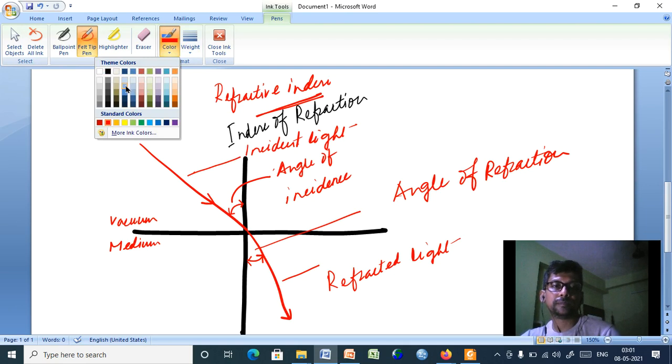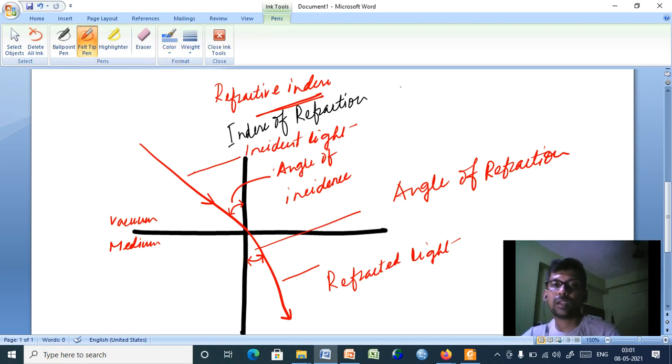Usually, if we use water, it has a refractive index of about 1.3. If we use glycerol, it has a refractive index of nearly 1.45 to 1.47.